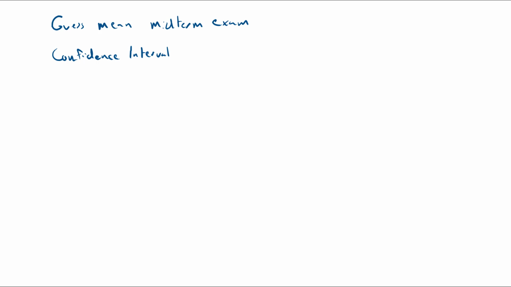Now, a confidence interval is simply taking your point estimate and we're going to plus and minus our margin of error. So we're going to add our margin of error, and we're going to subtract our margin of error.